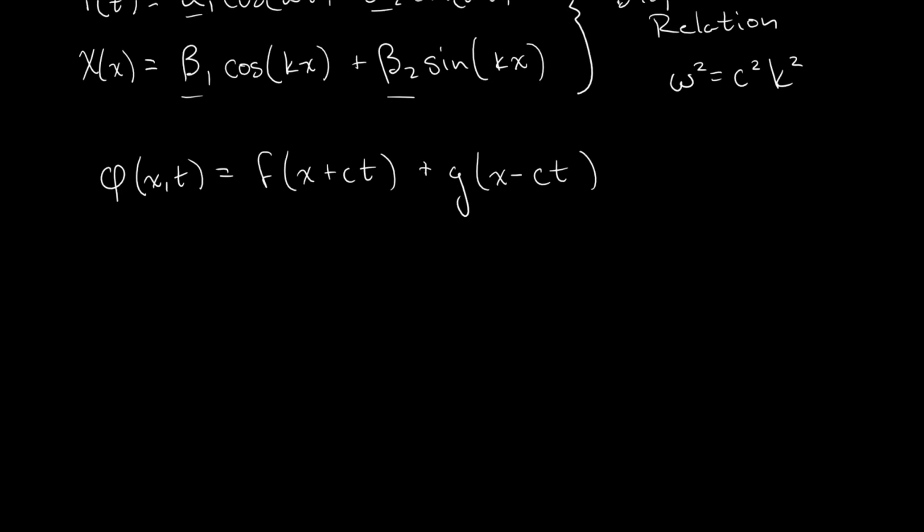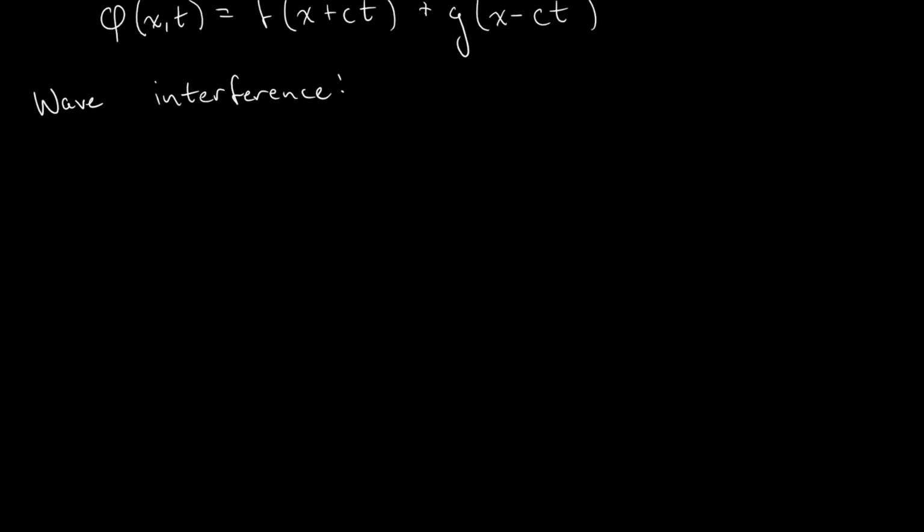Wave interference happens when, say, I have a wave which looks like this between two points, and I want to add it to another wave, which maybe looks like this. It's more spread out. Then the end result is that I'm just adding the two waves.